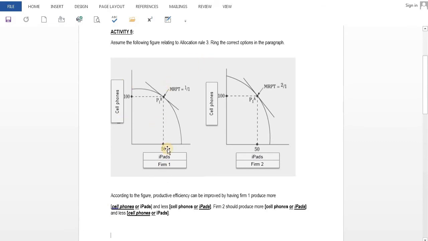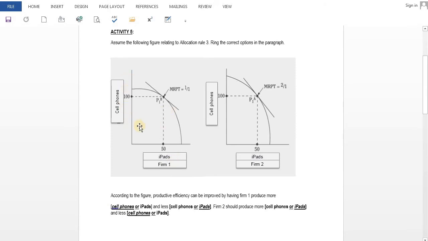So obviously for firm 1, we have the MRPT. By just looking at this diagram, you can see that the amount of input units is the same for both firms, firm 1 and firm 2 respectively. So we have 100 cell phones and 50 iPads for firm 1, and the marginal rate of product transformation is 1:1. What does this ratio tell you in terms of the production of these two goods?